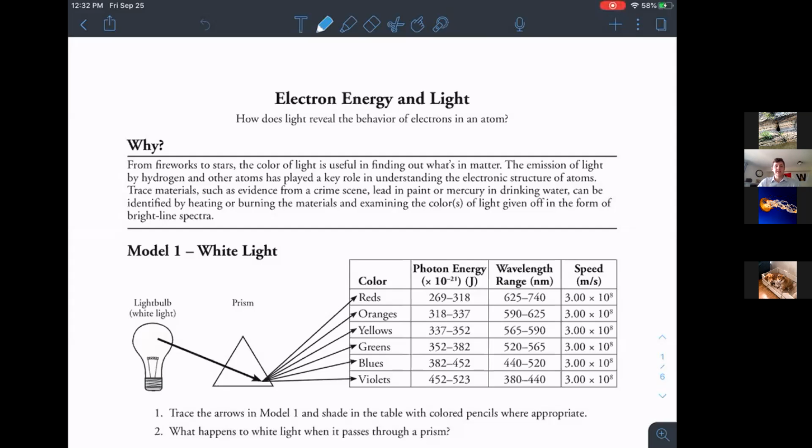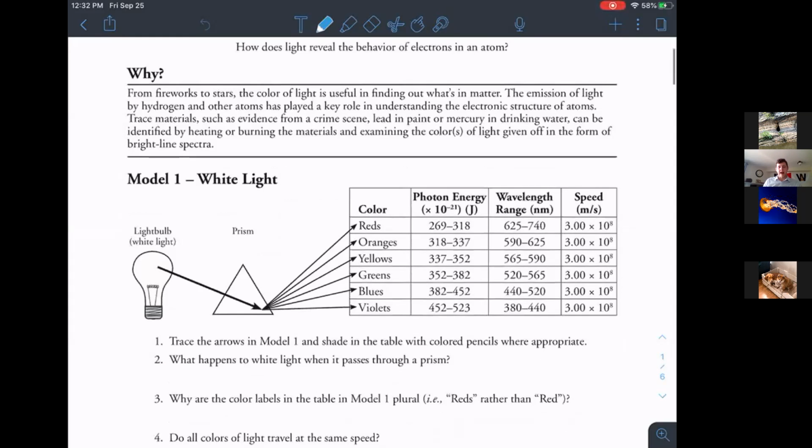Trace materials such as evidence from a crime scene, lead in paint, or mercury in drinking water can be identified by heating or burning the material and examining the color of light given off in the form of bright line spectra. So question 1 says trace the arrows in model 1 and shade in the table with the colored pencils. So you guys can use your different colors.